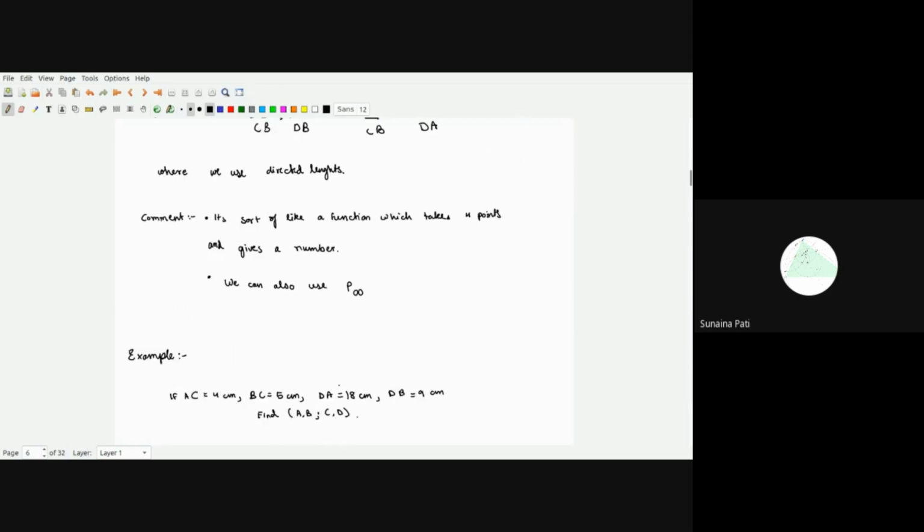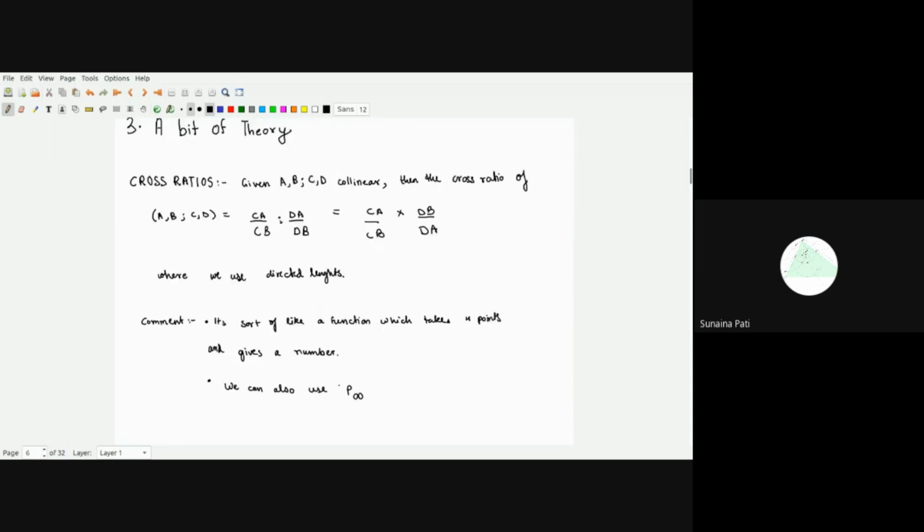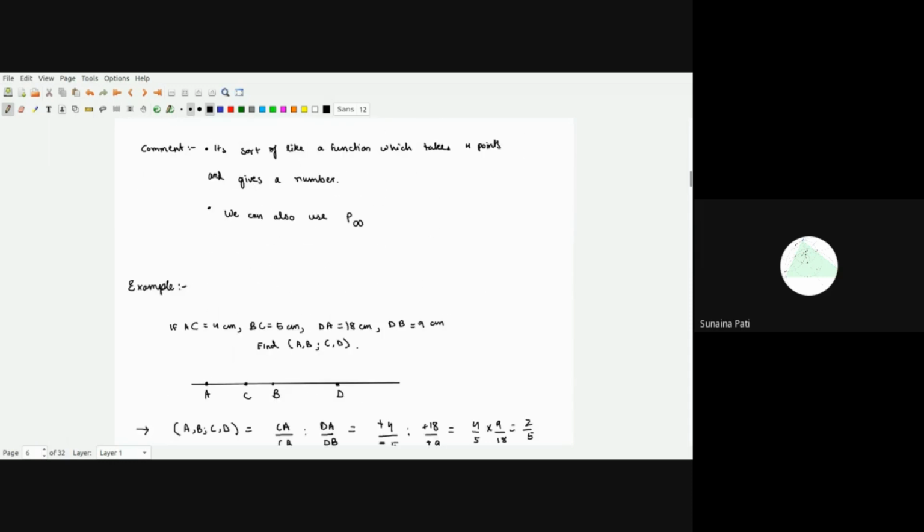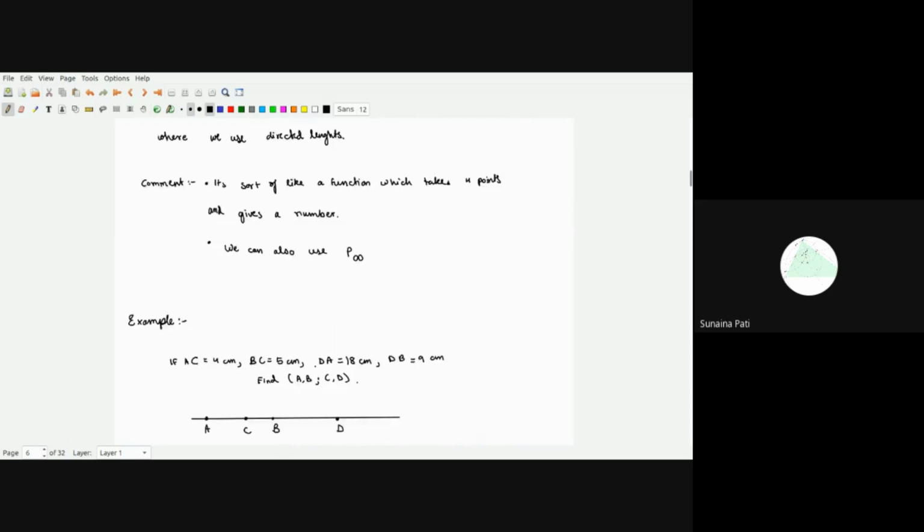So here's an example just to get familiarized with cross ratios and the definition. If you have AC equals 4 centimeters, BC is 5, DA is 18, and DB is 9 centimeters, find the cross ratio ABCD.